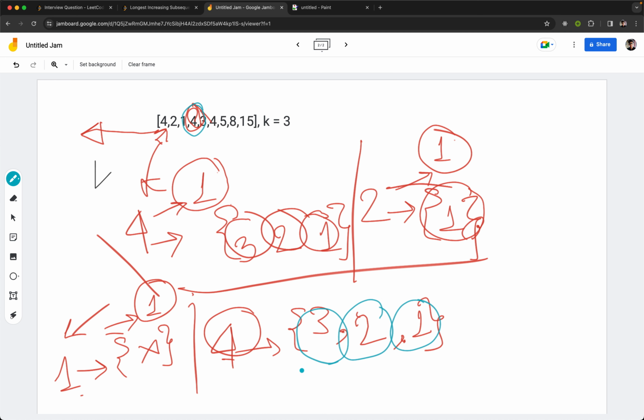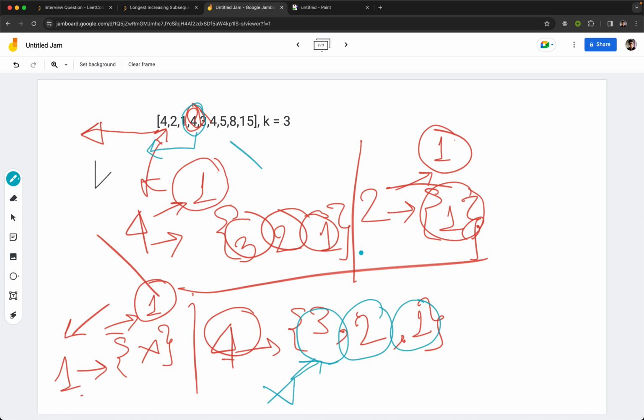Now if we see the element 3 and try to look towards its left, that is left from the 4, fine. So do we have 3 towards the left of 4? No, we don't have. Do we have 2 towards the left of 4? Yes, we do have 2 towards the left of 4.